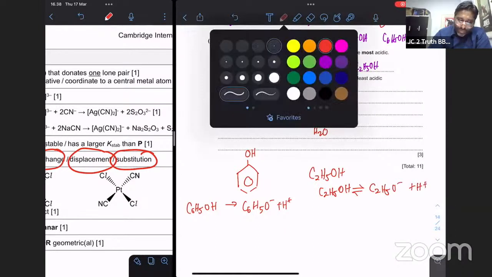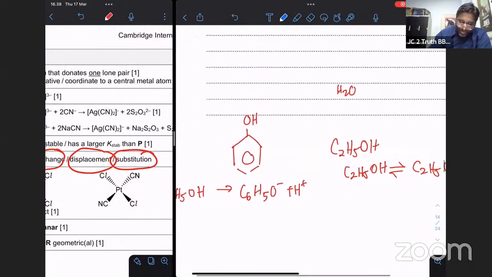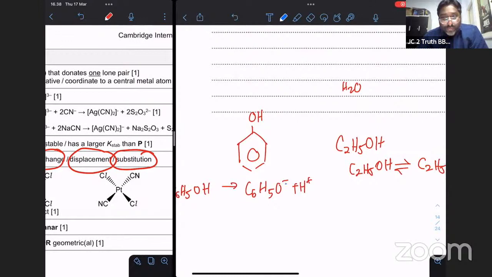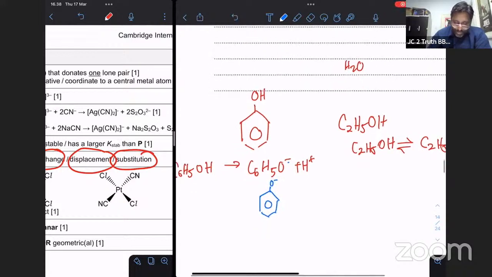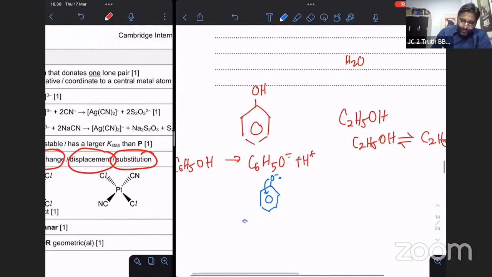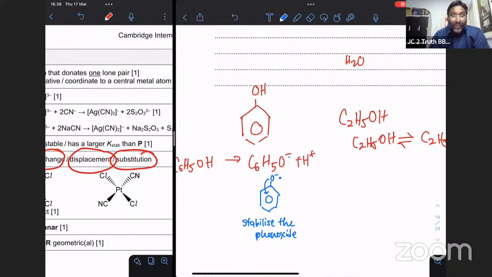Now, when you look at the O⁻ in the phenoxide ion, the lone pair of electrons is going to be delocalized into the benzene ring, making this charge become less negative. So it is going to stabilize the phenoxide ion.